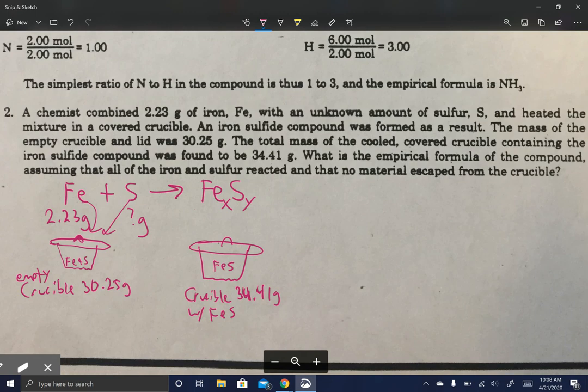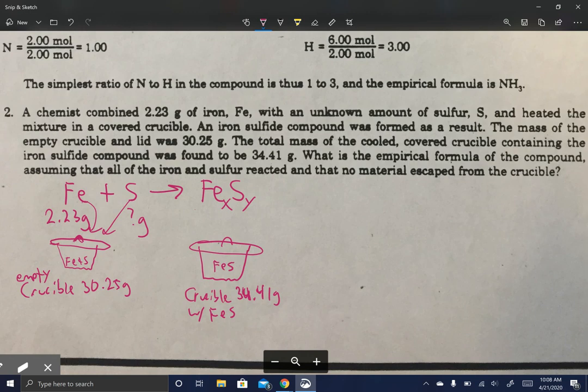So ultimately what we need to do is find moles of Fe, moles of S, divide by the lowest number, like you see up here, and then that gives us the empirical formula. So we know 2.23 grams of Fe are in here. Conservation of mass. So part of this mass, 2.23, is Fe. But first, we have to subtract the crucible masses to get the mass of S, right?